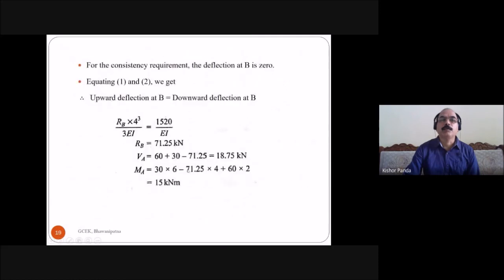This is the moment at A. You take all the forces and take the moment of all the forces. That gives the moment at A.